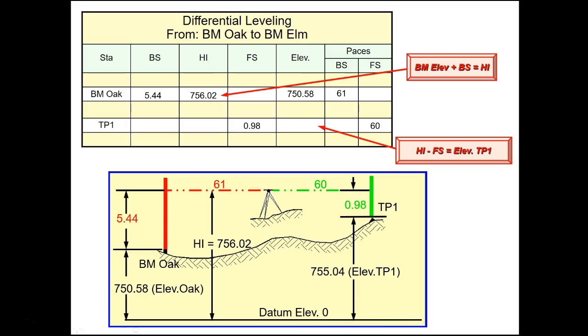That value is 755.04, and that is our elevation at TP1. Now we've completed our first instrument setup. You can see the order that we did. We've got some blank spaces up here. That was our initial first setup, now complete.